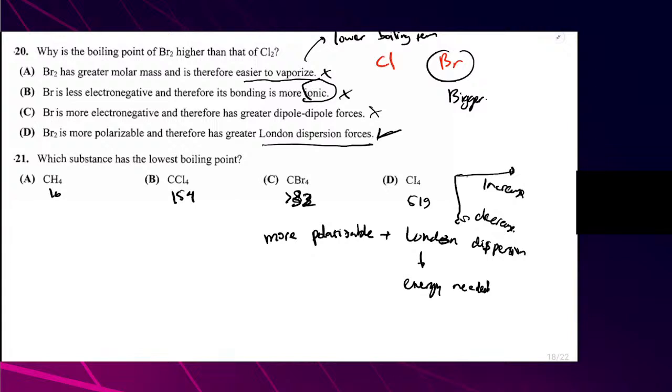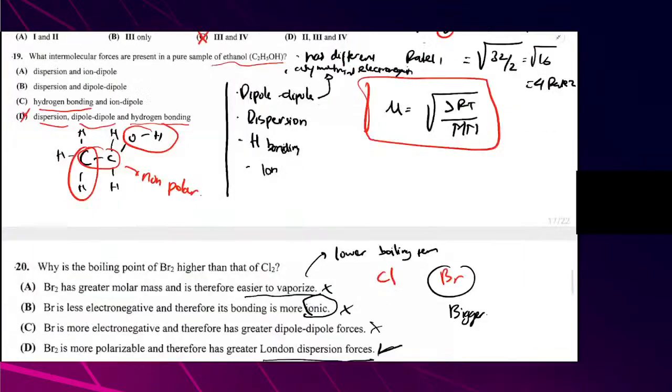So we just need a lower energy, which means the lightest one has the weakest intermolecular force. The smaller size will produce less intermolecular forces. Therefore, from here we can get the answer directly. Should be A.